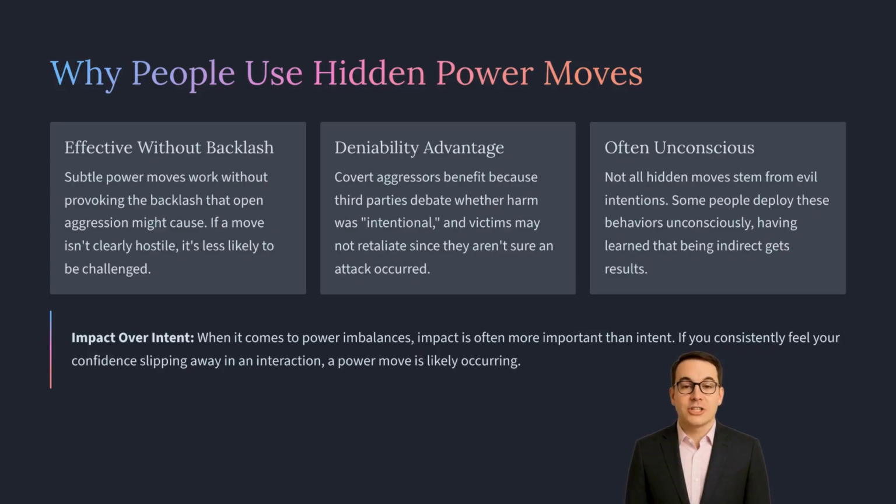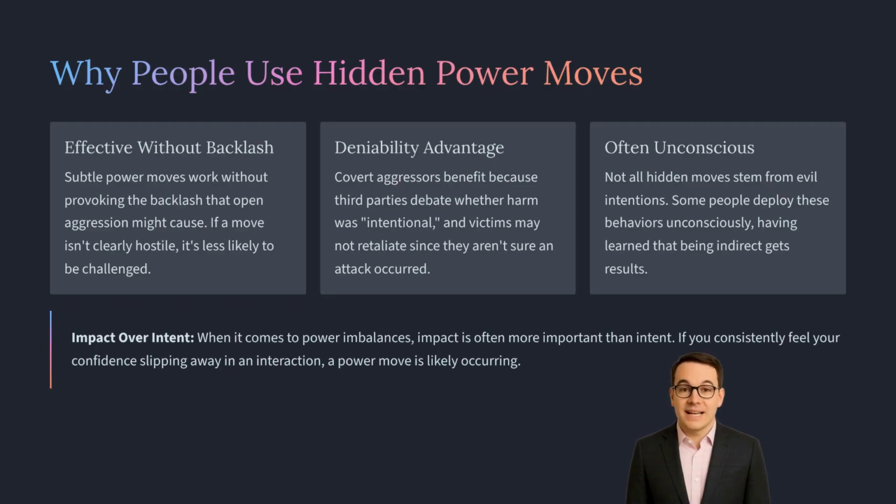Why engage in such covert tactics? Why not be direct? The simple answer is that subtle power moves can be very effective without provoking the backlash that open aggression or obvious domination attempts might cause. Manipulators know that if their move isn't clearly identified as hostile, it's less likely to be challenged. Research on social aggression supports this.